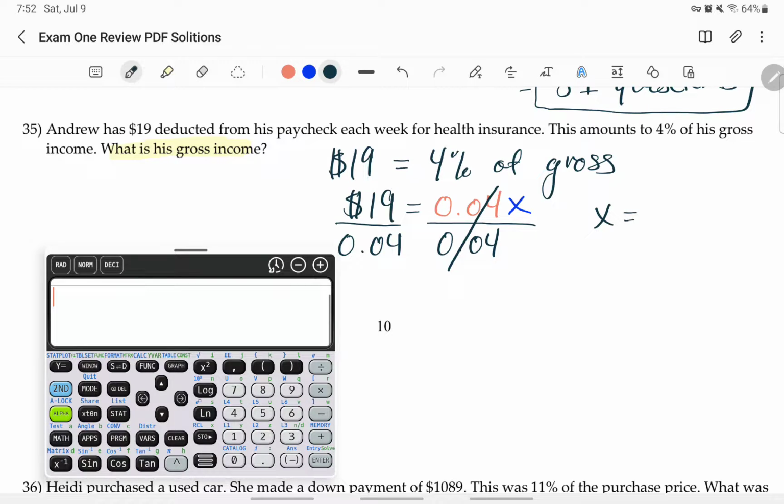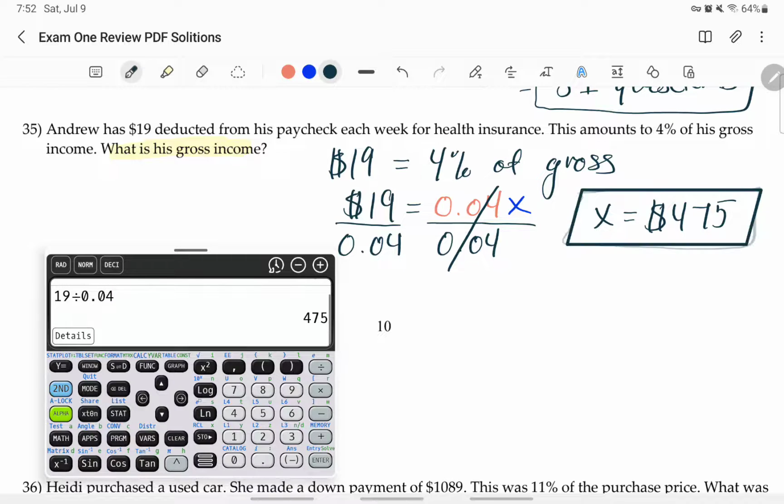X is equal to 19 divided by 0.04. That's going to be $475. And that is the answer to the question.